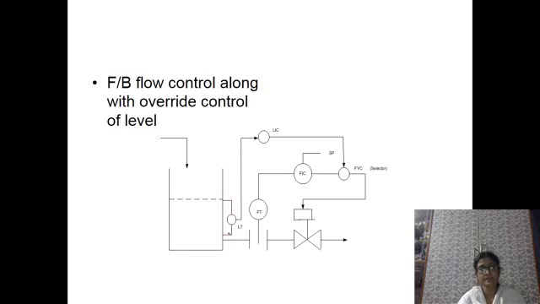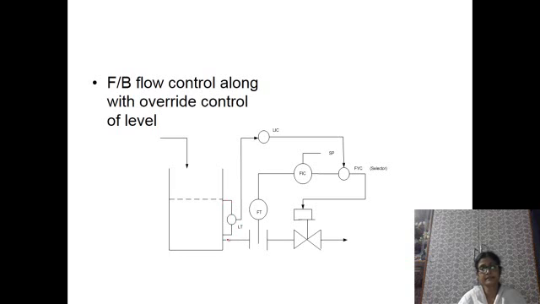So the symbol is this one for the level transmitter in order to maintain the upper level as well as the lower level. We are maintaining the level of the tank by controlling the flow control system.